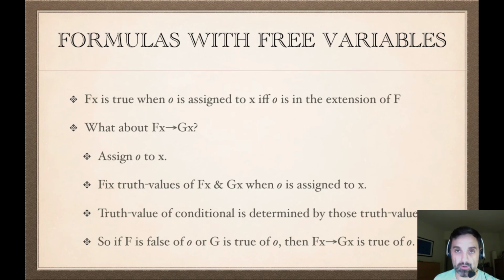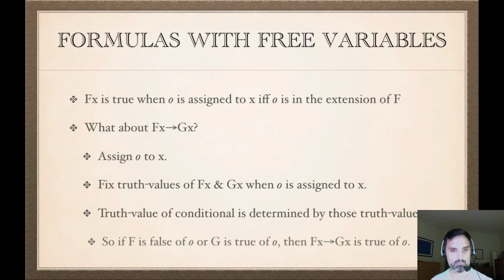If G is true of O, then Gx is true when x refers to O, and so the consequent of the conditional is true, and so the whole conditional is true when x refers to O. So that's how free variables work.